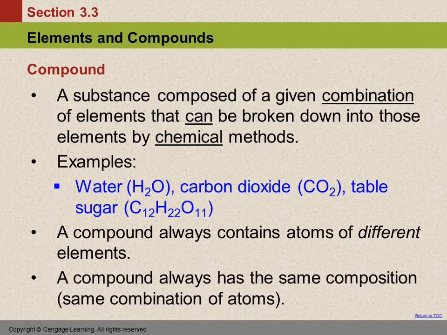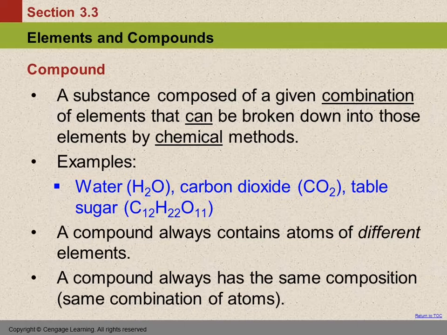So there are elements and there are compounds. A compound is a combination of elements. So an element is one type of Lego brick. A compound is where you take 2 or more different types of Lego bricks and you make something out of them. That structure that you make out of the Lego bricks can be taken apart with your hands in the living room, right?